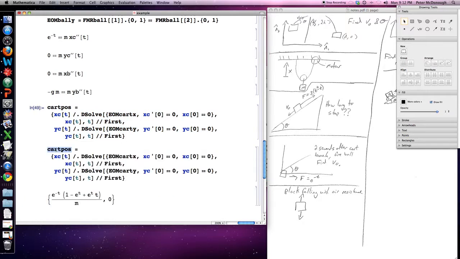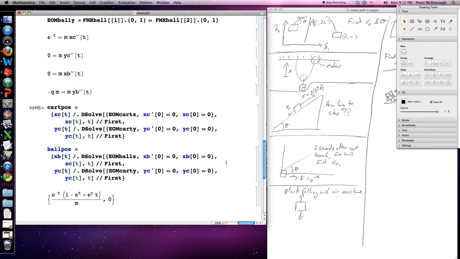Comes down, change this to ball posts, and this needs to be x of b, EOM of the ball, and this is x of b. That's what I did call it up here, right? Yeah, x of b.